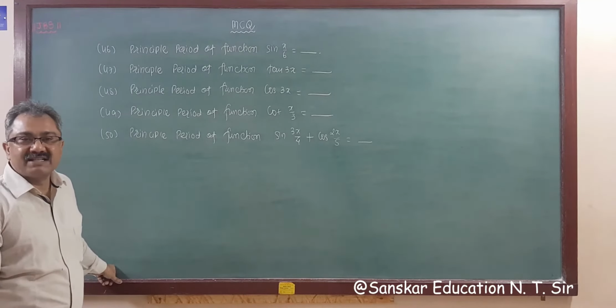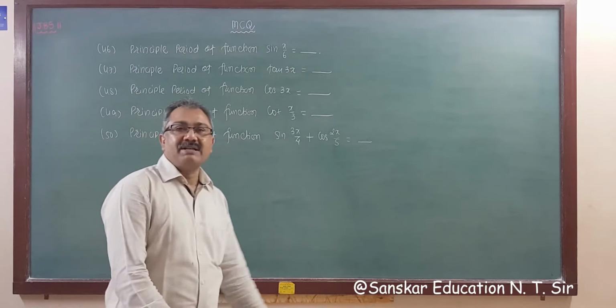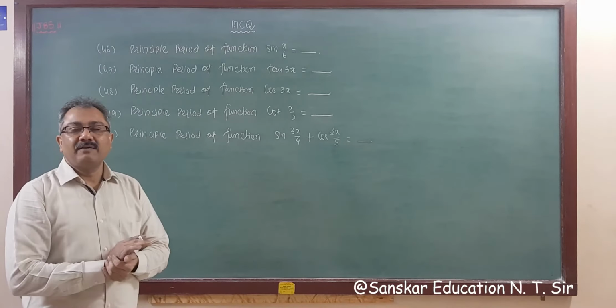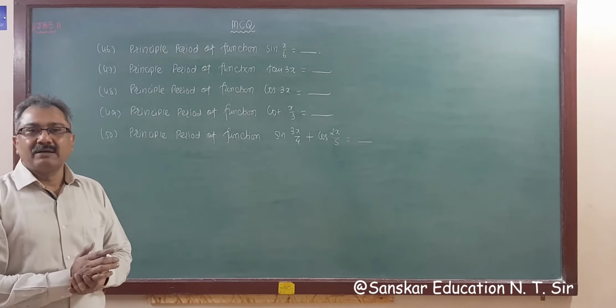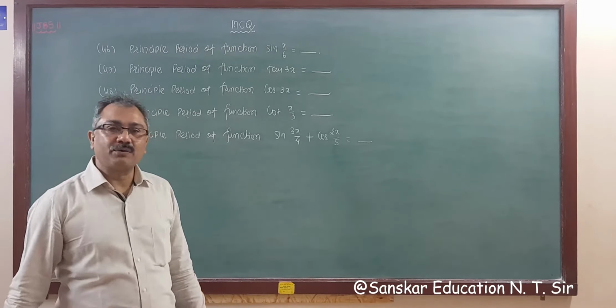Now, what is principal period? As we discussed in earlier lectures, principal period means after how many rotations a value is repeated. For sine, cos, sec and cosec, values are repeated after one complete rotation.